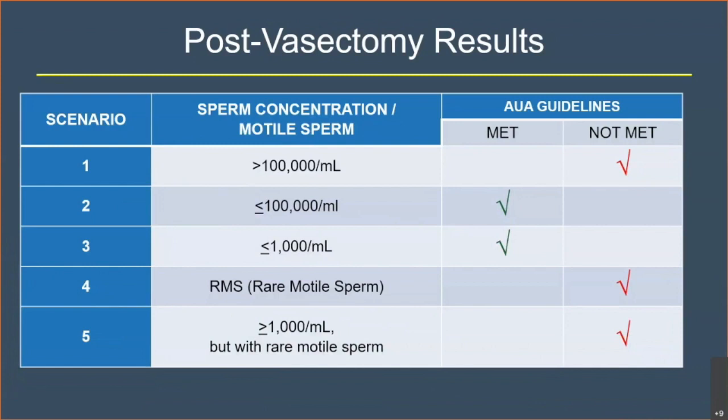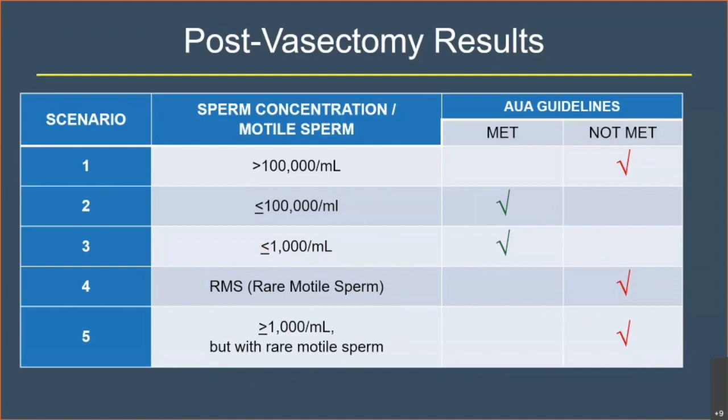The first and the second: if you examine the first one, the sperm concentration was greater than 100,000 non-motile sperm per ml, and this does not meet the AUA guidelines. Whereas the second one, in contrast, where the sperm concentration was less than 100,000 non-motile sperm per ml, meets the AUA guideline, and the test will pass the AUA criteria.